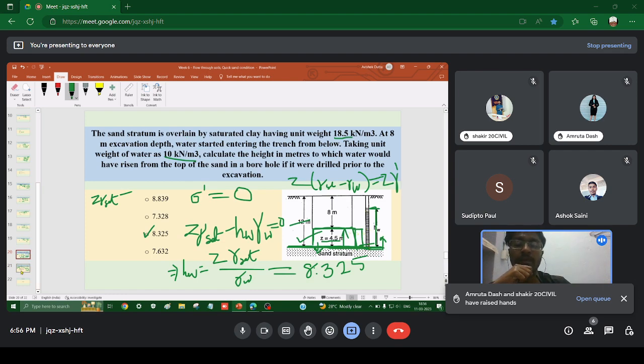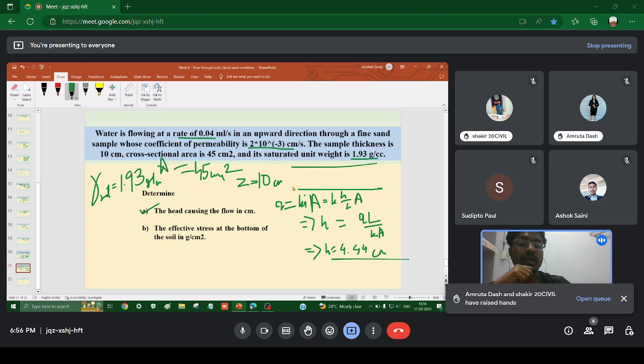Here this is a single sand layer. So the effective pressure due to this layer upon itself on this base, since water is moving in an upward direction, we will be only considering the submerged weight. Saturated unit weight is 1.93, so gamma submerged will be equal to 0.93, isn't it?